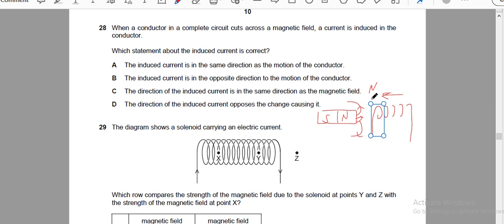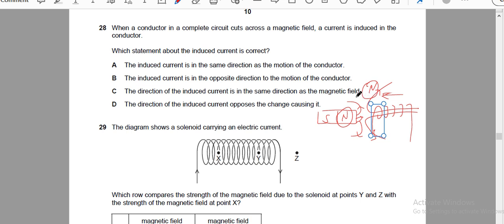Such that the north pole of the induced field, we should have north pole here like that, to make a repulsion.